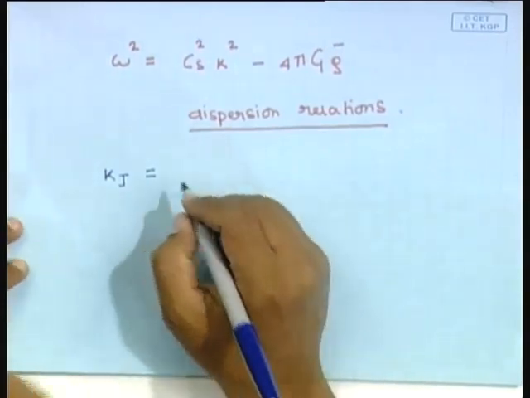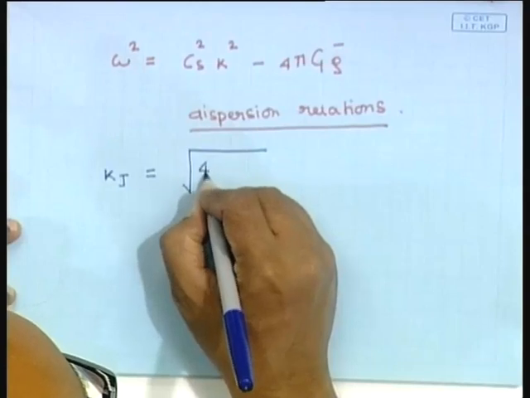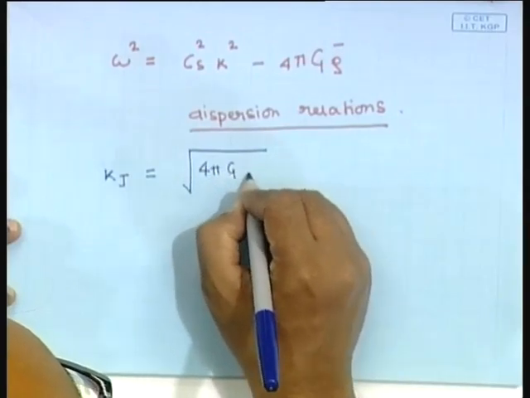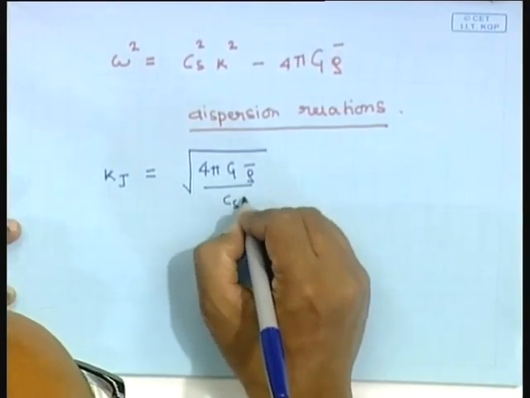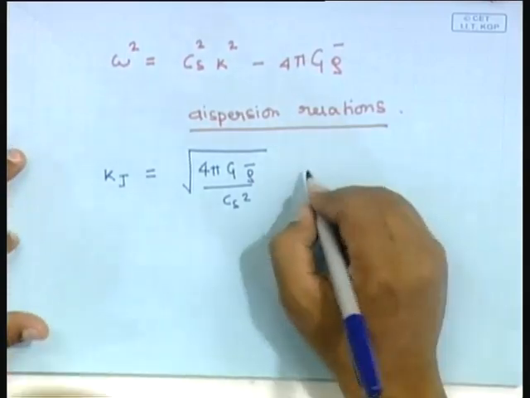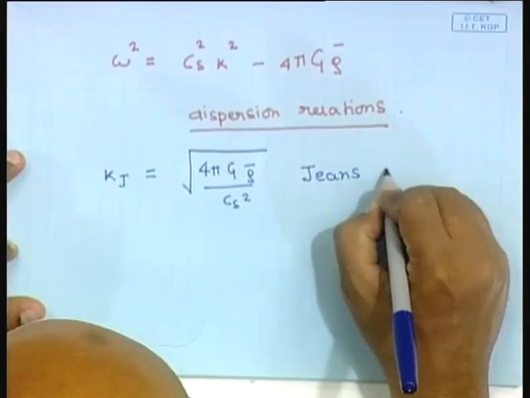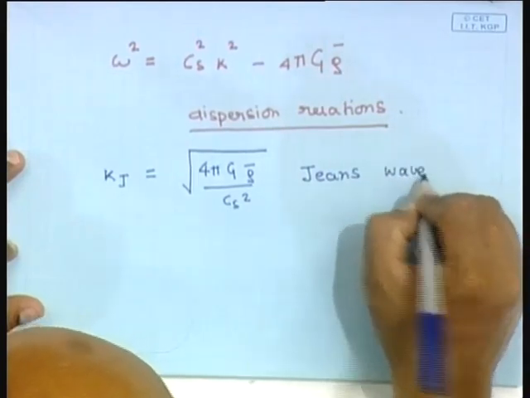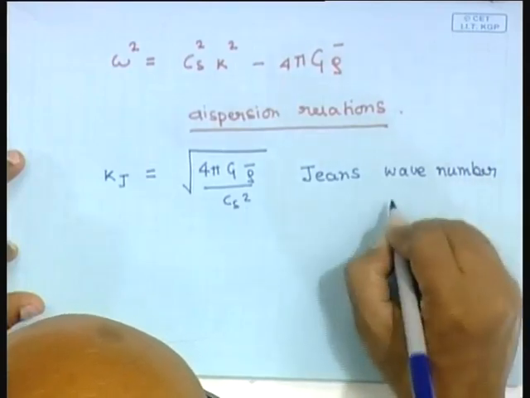So Kj has the value square root of 4 pi g rho bar divided by Cs square. This is called the Jeans wave number or Jeans mode.